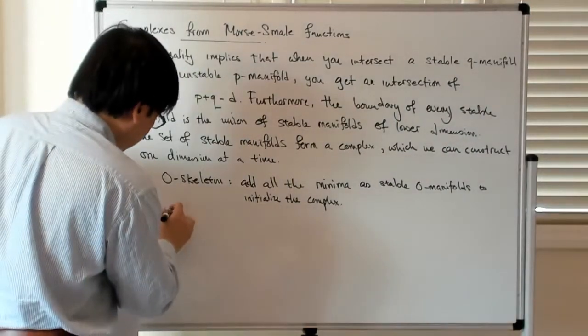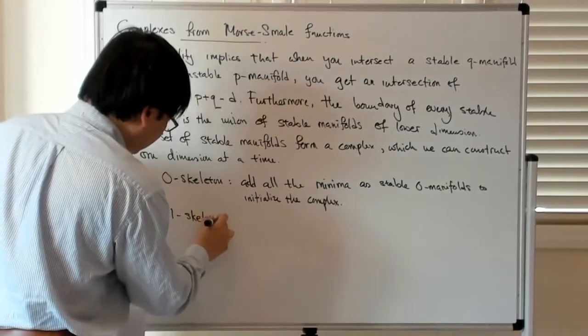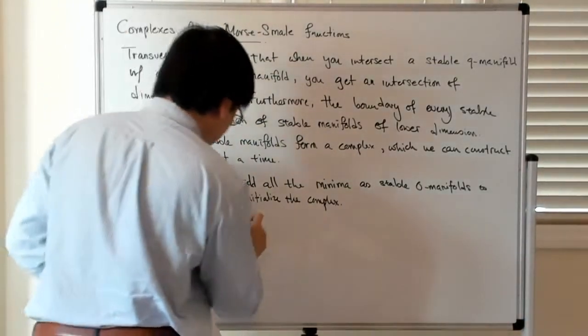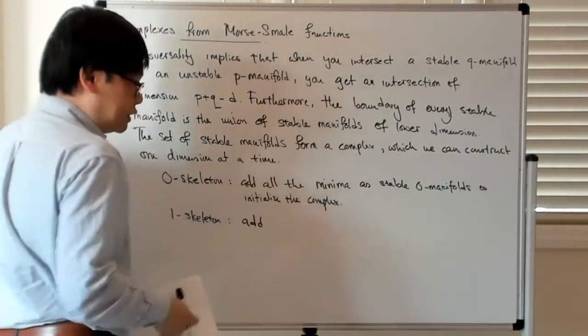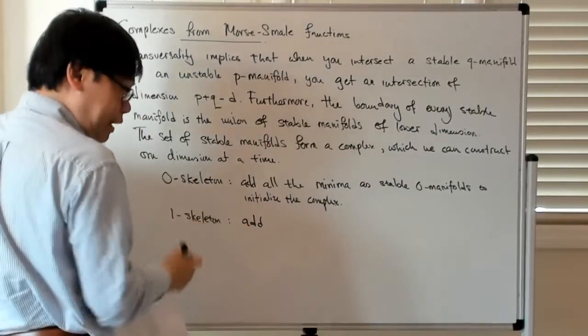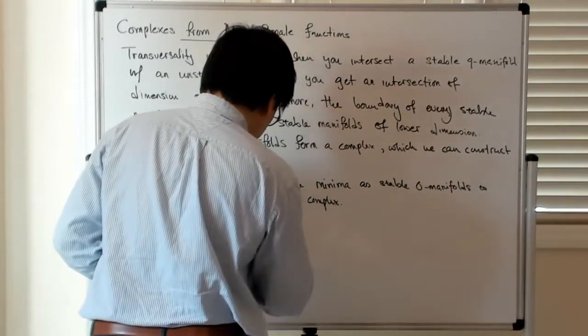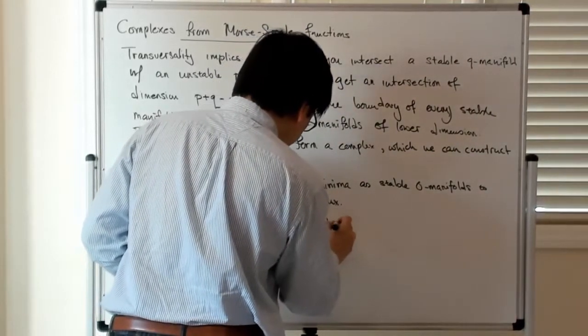Once you have that, you can add the one cells. It's additive, so you still have all these minima coming from the zero skeleton, but now you add the one cells. So add all stable one manifolds.